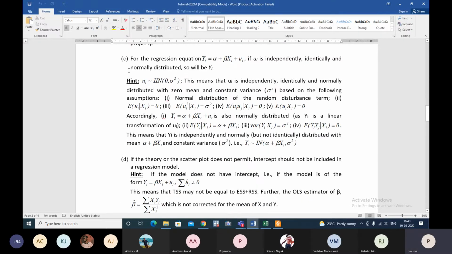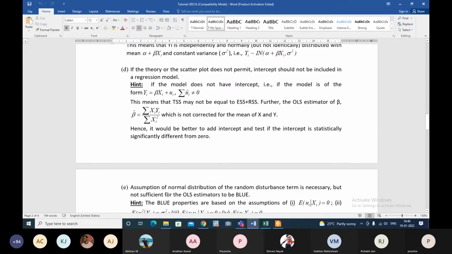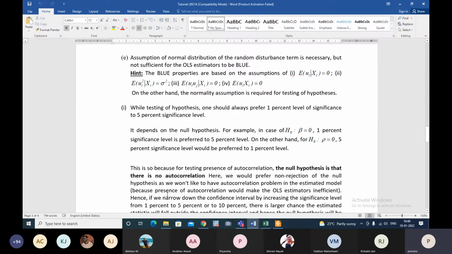Then the distribution, again, this is the hint. Say scatter plot. If the theory or scatter plot doesn't permit, intercept shouldn't be included in the regression model. Then this assumption of normal distribution is necessary but not sufficient.